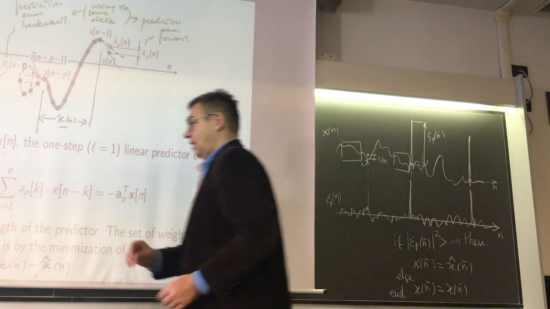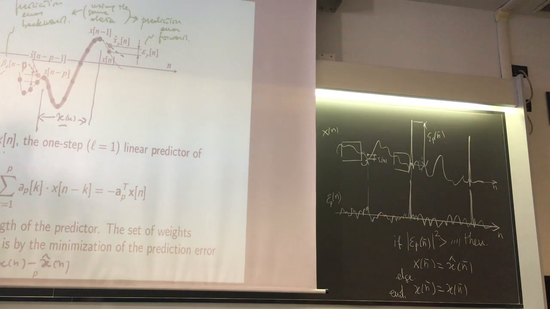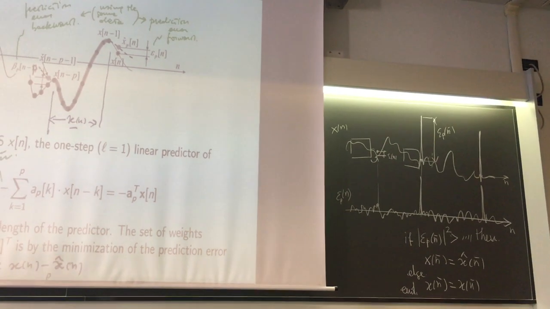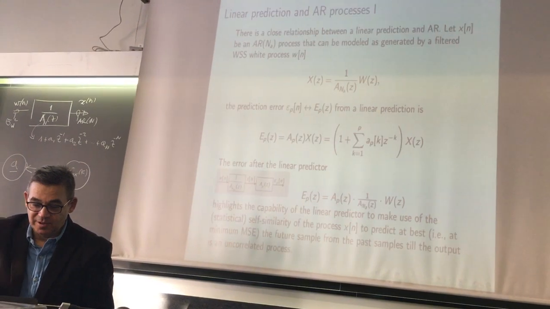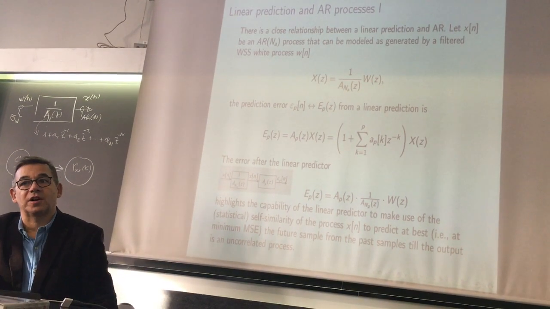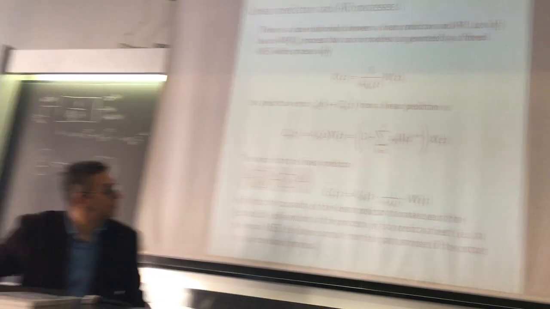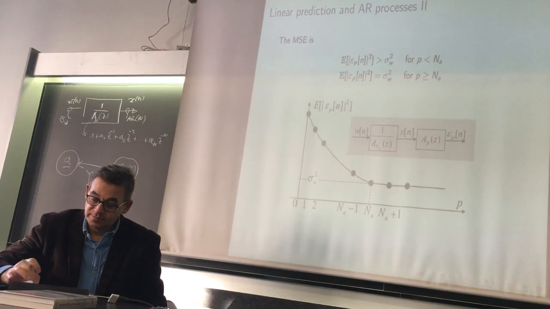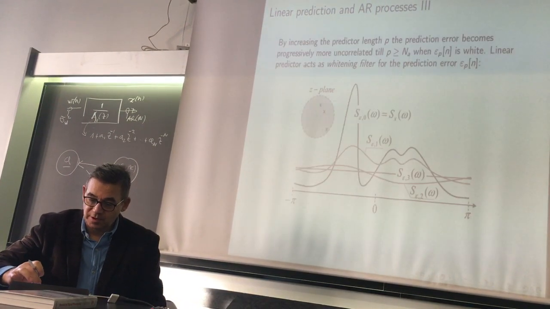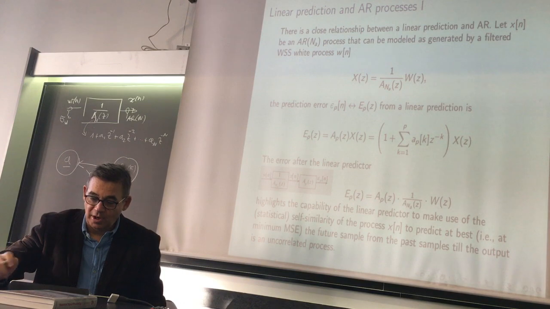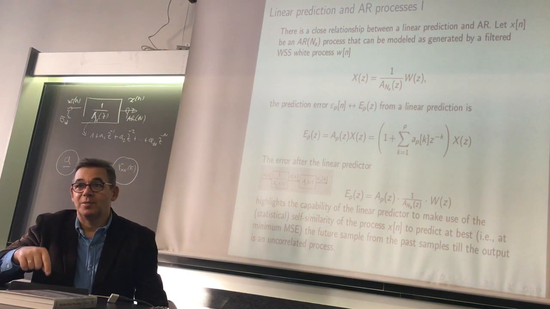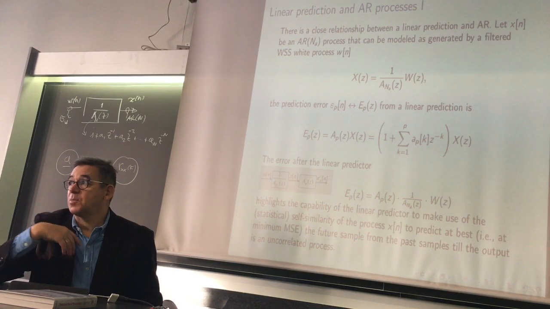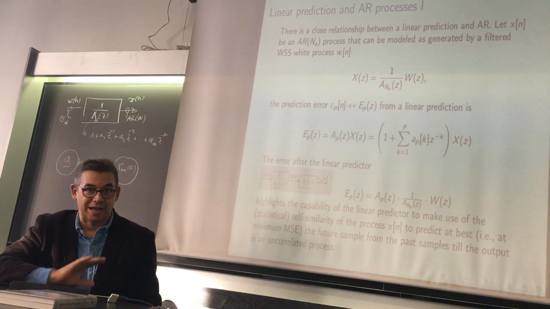Now let's go to the exercising part, which is the parallelism between the linear prediction and the autoregressive process. Okay? So, this is a conceptual part and exercising part.